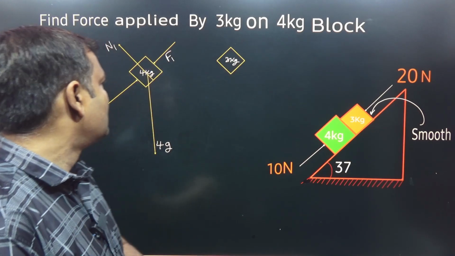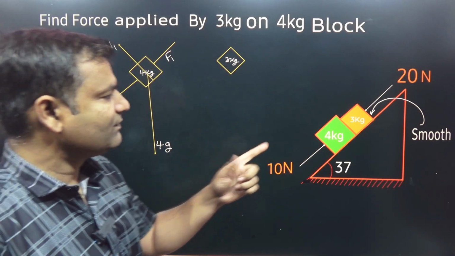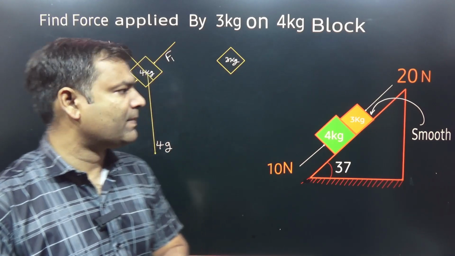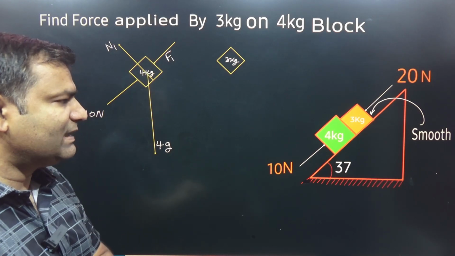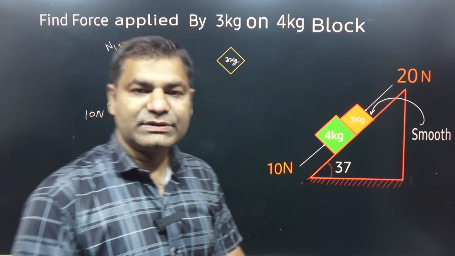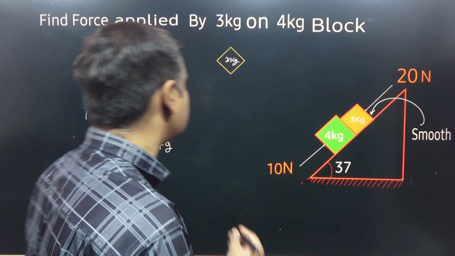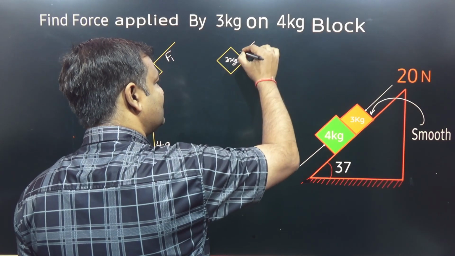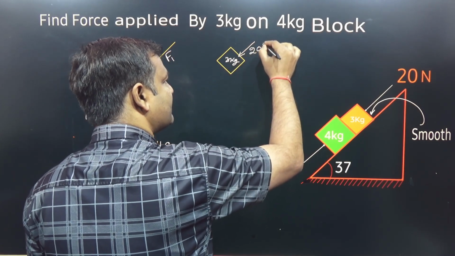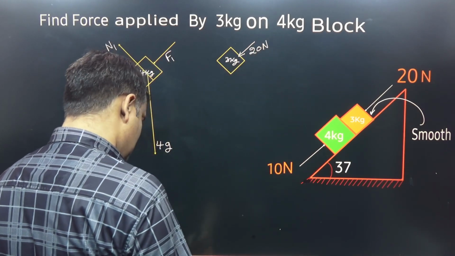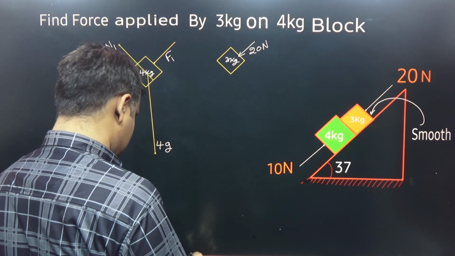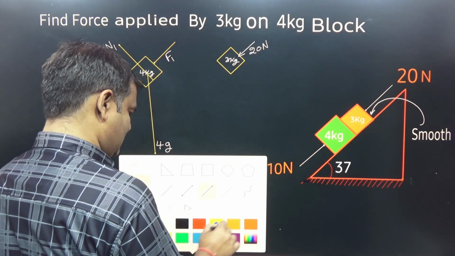Clear? After that, make the free body diagram of the 3 kg block. How many direct contact forces? First, focus on 20 Newton. This one is 20 Newton, represented like that. After that, look here very carefully.